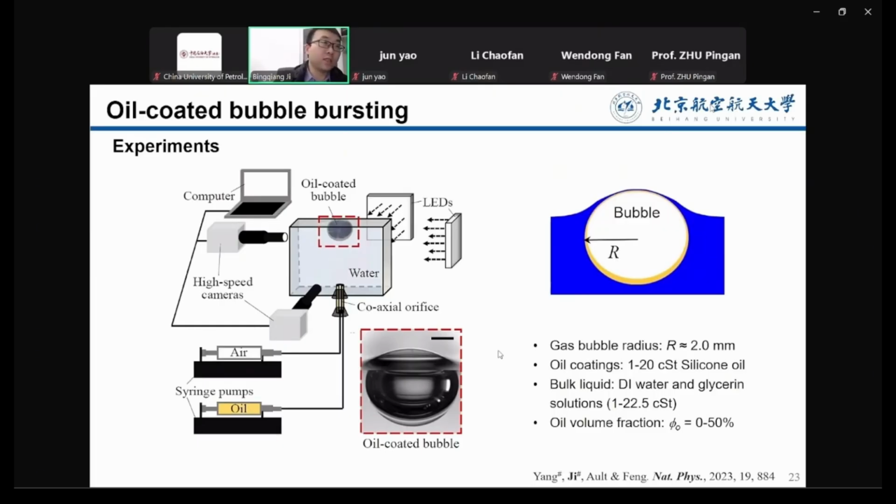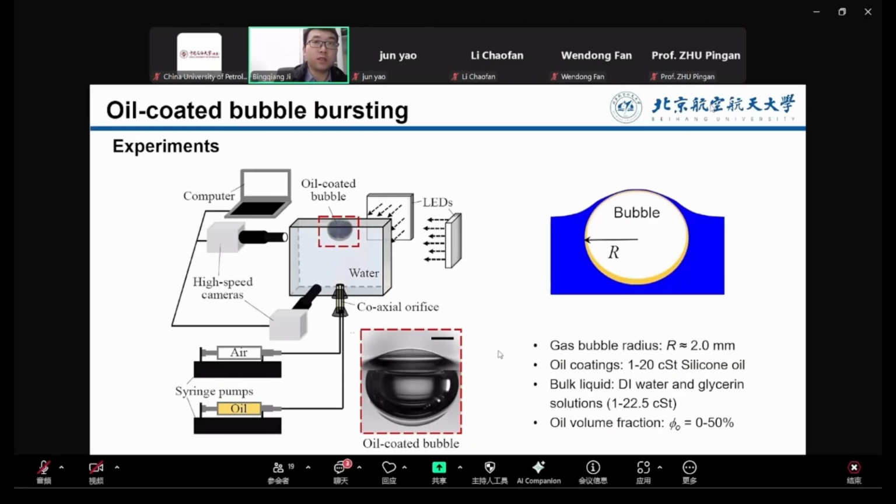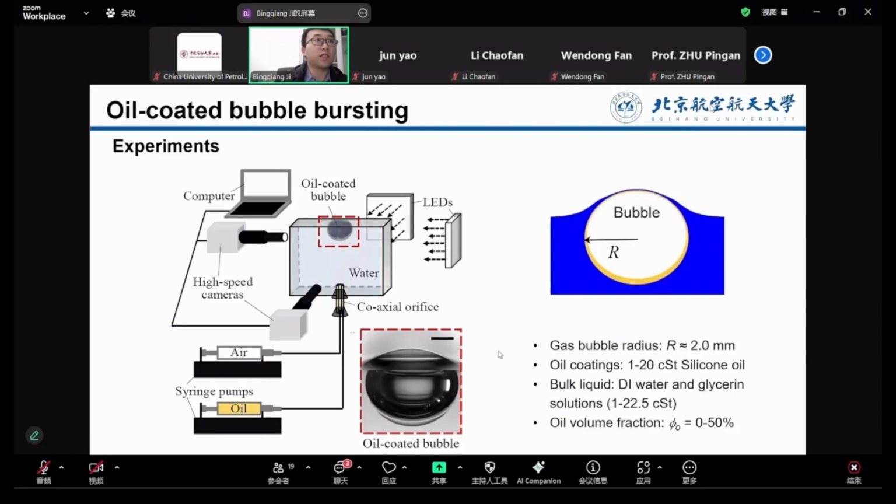If you change the size of the coaxial orifice, you can change the size and the oil fraction of this oil-coated bubble. We use a 2 millimeter radius gas bubble and adjust the viscosity of the oil coating and the oil volume fraction in the compound bubble.